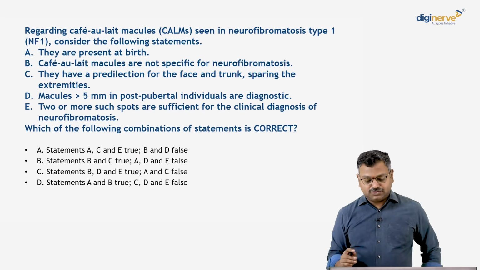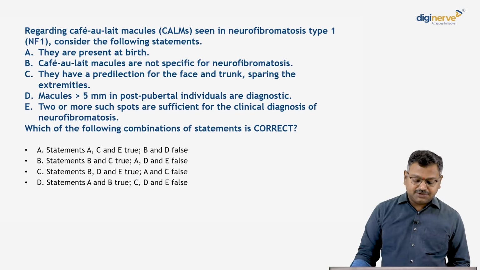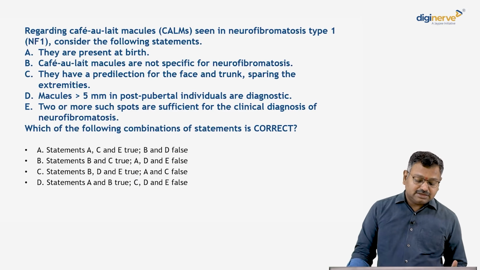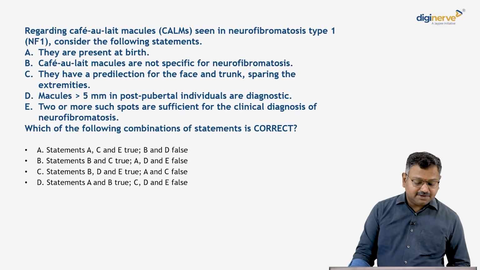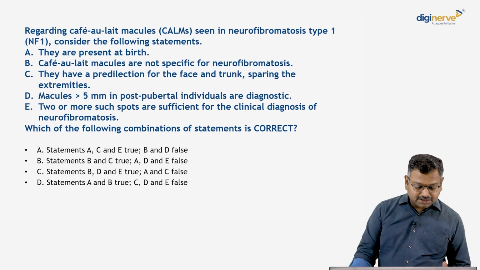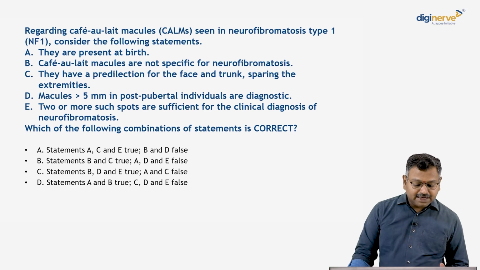Regarding Café-au-lait macules, all of you know it's present in neurofibromatosis. Now what are the statements? These are the statements that have been given. They are present at birth, are not specific for neurofibromatosis. They have a predilection for the face, trunk, sparing the extremities.